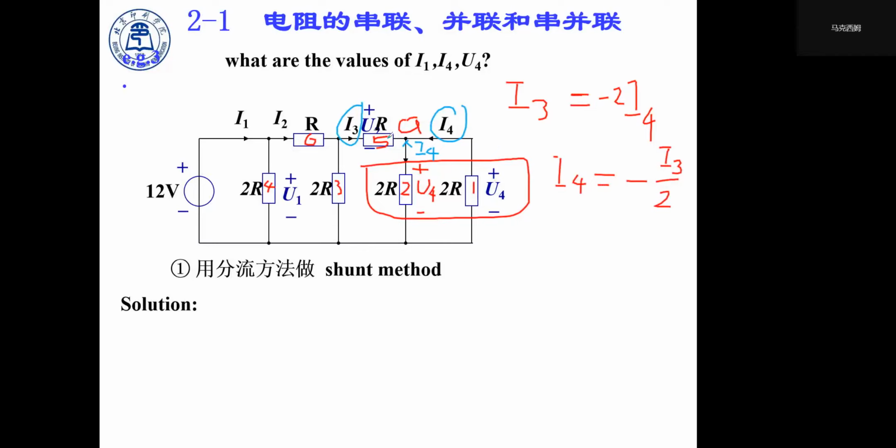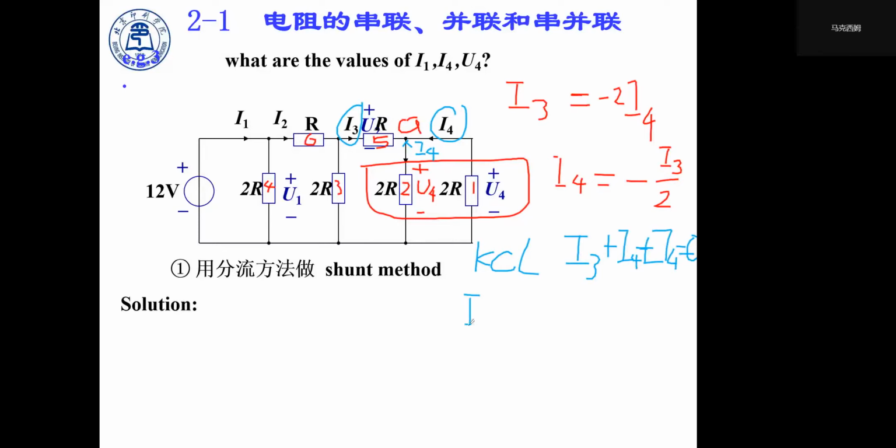And since we are using the KCL current law, I3 plus I4 in the first resistor and plus another I4 in the second resistor loop equals 0.